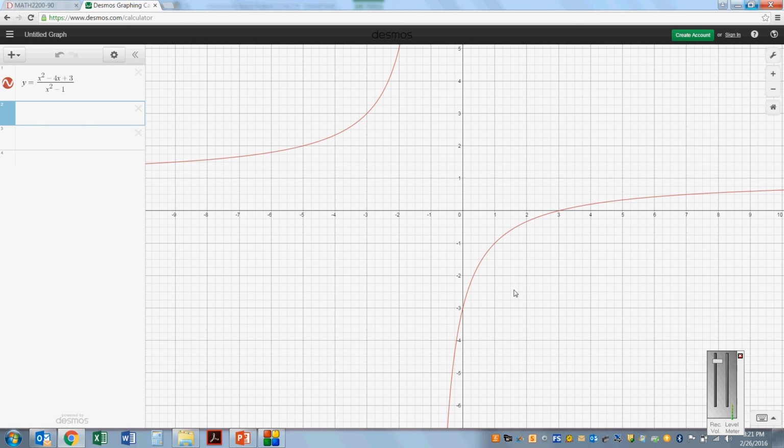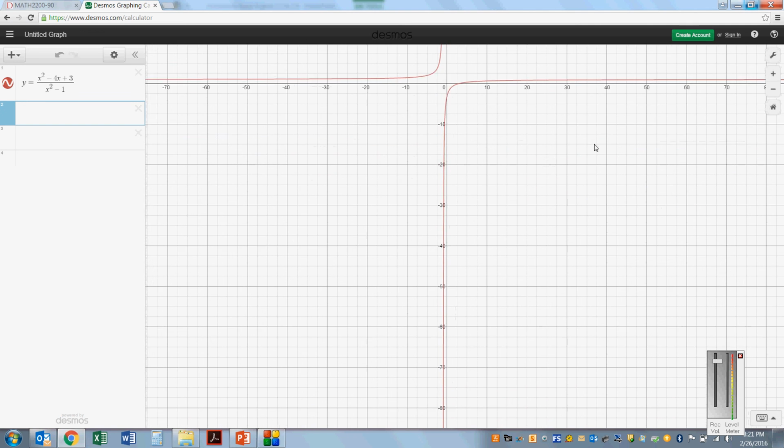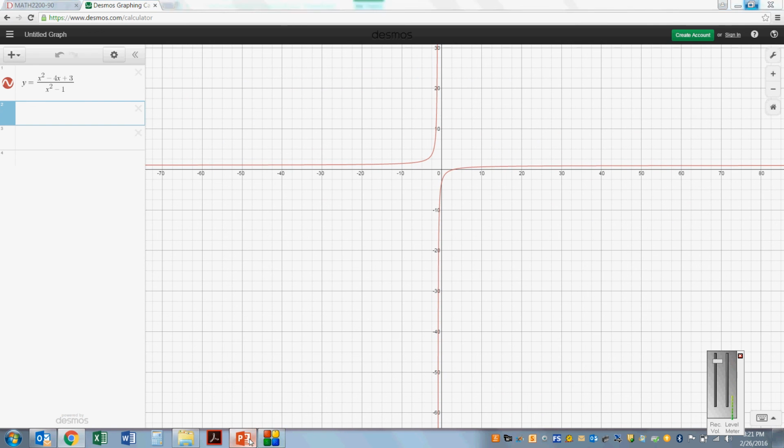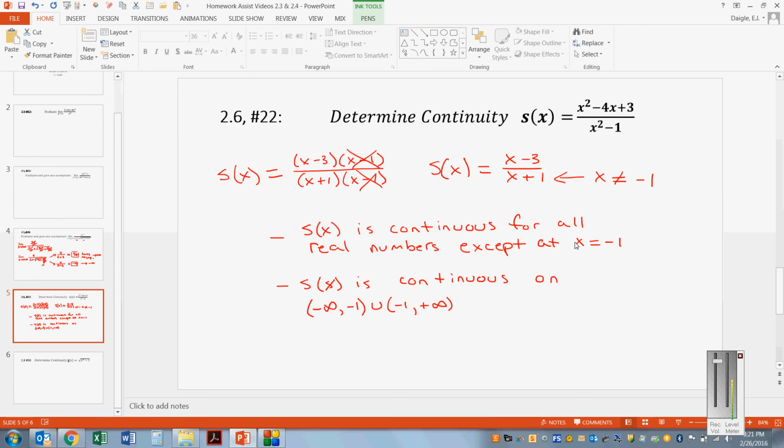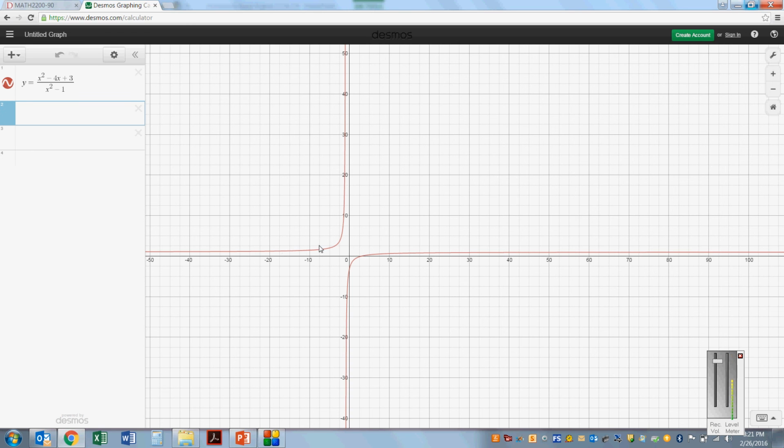And so our original thought was that the only place we were going to run into trouble, if I look back at my slide, was at negative 1. All real numbers except at x equals negative 1. So what you're going to see is that's the point of discontinuity. As I approach negative 1, guess what this thing does? It shoots off to positive infinity in this direction. As I approach negative 1 from the right, it shoots off in this direction.